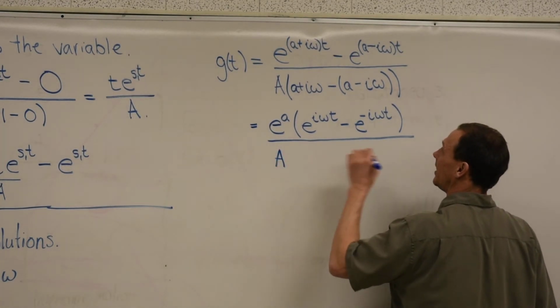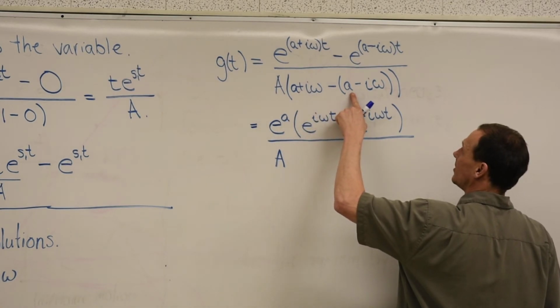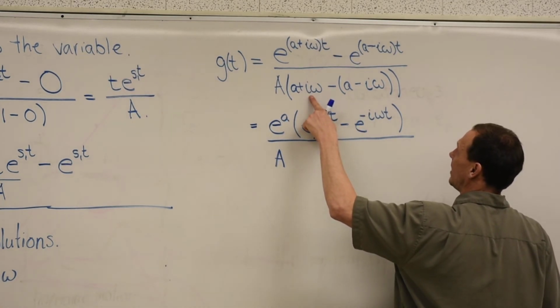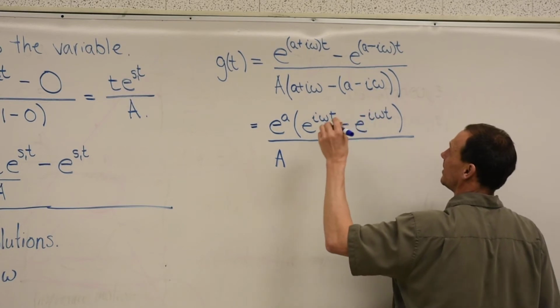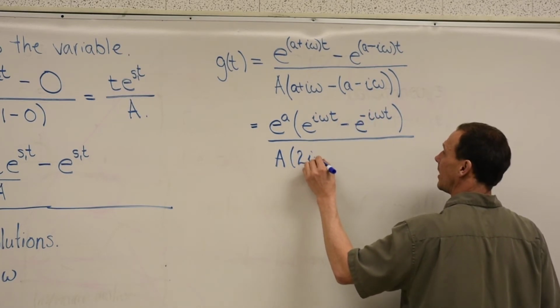A, capital A. Oh, look at this. We have an A minus an A. That cancels. I have an i omega plus an i omega. So this is going to be 2 i omega.